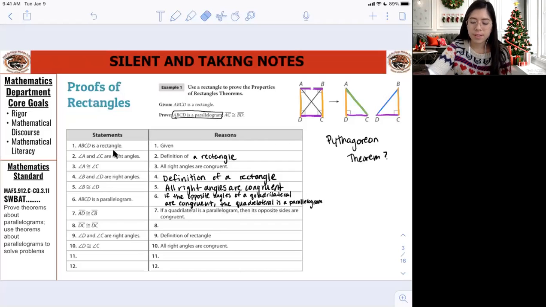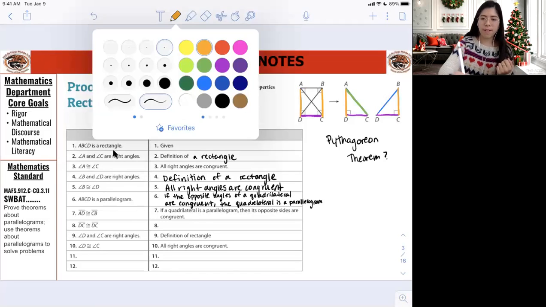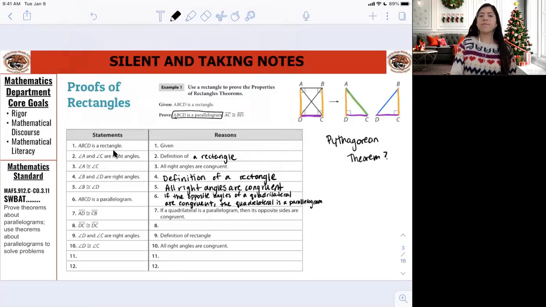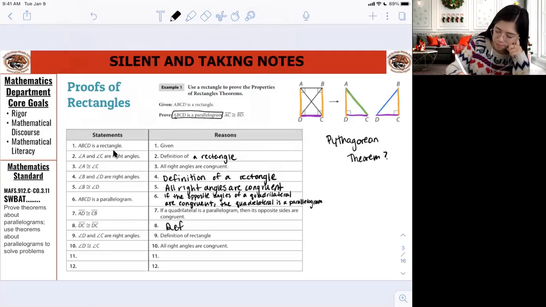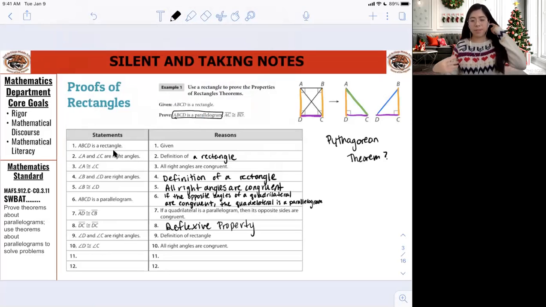Same side. So it's basically saying DC is congruent to itself. So what is my reason for that? Because of the reflexive property. So it was a different reason for that one.